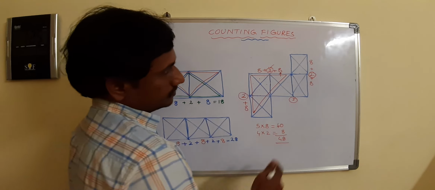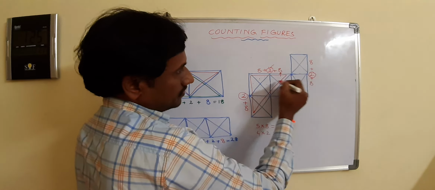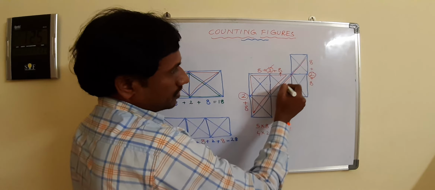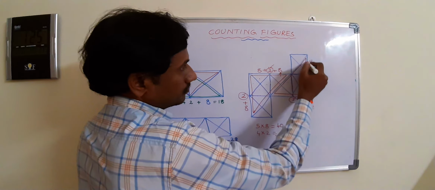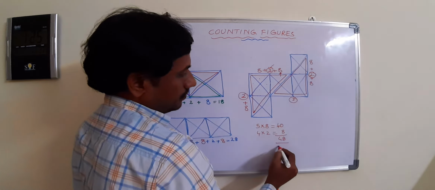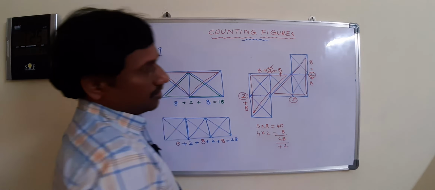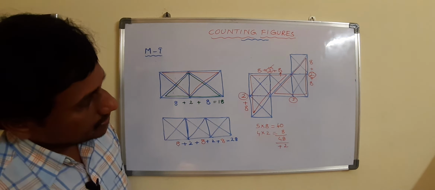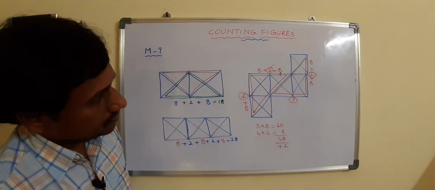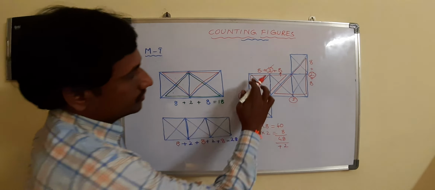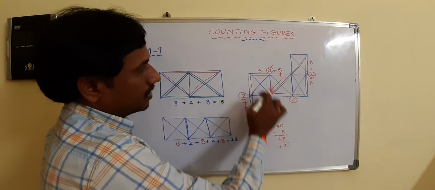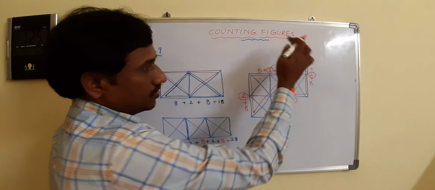Like that, here also, because of these 3, I am having one more triangle. Am I correct or not? Then plus 2. Is there anything extra because of the 3 combination? Only this one is extra. Here, because of these 3, one triangle. Because of 3 squares, here one more triangle.